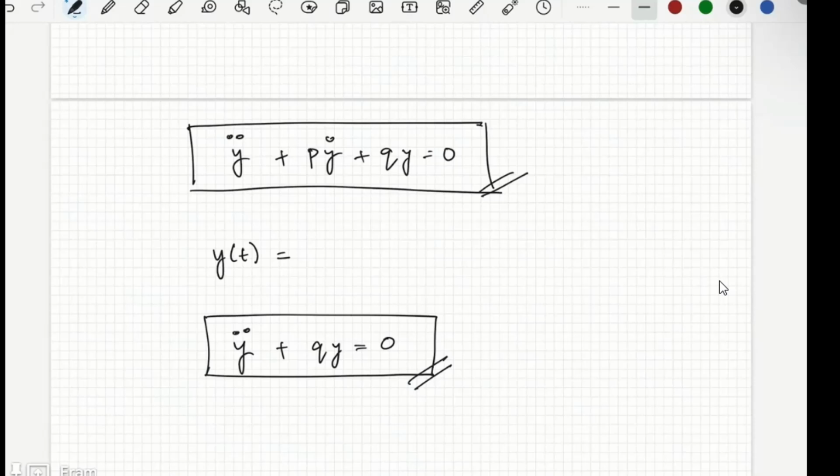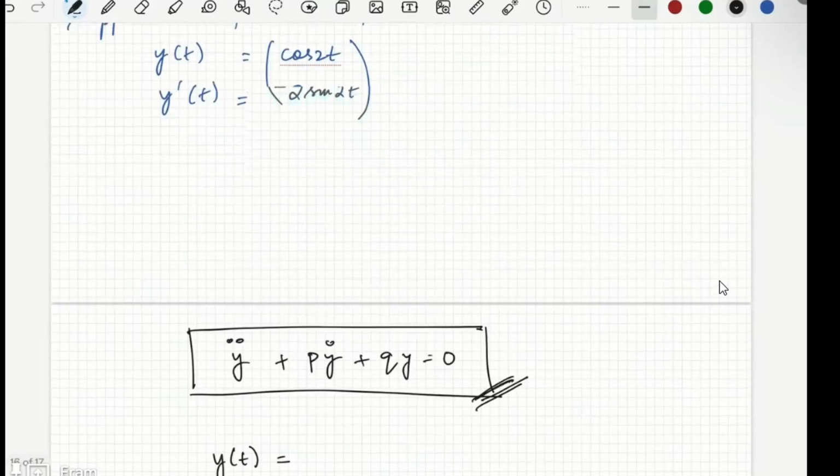How will the solution change by varying p and q? We will see that changing the value of p and q drastically changes the solution. Sometimes it can be exponential, sometimes sinusoidal, or even linear.